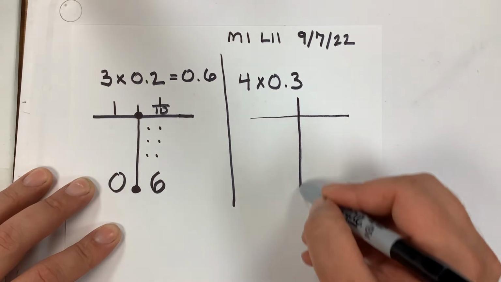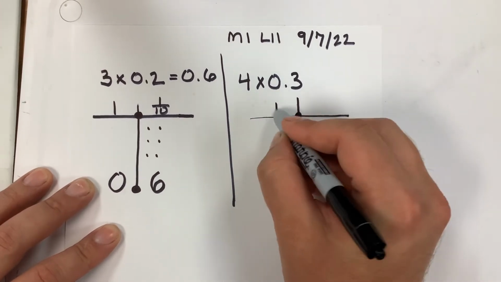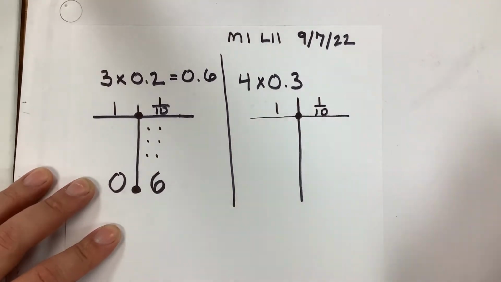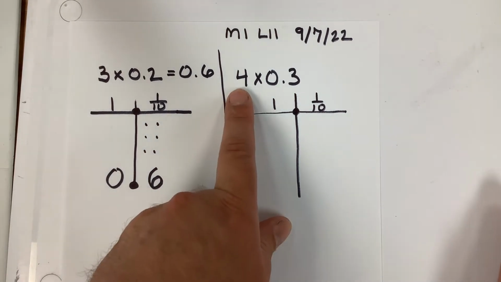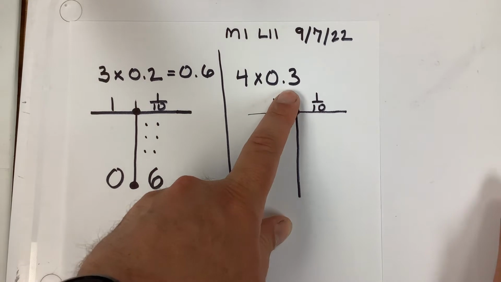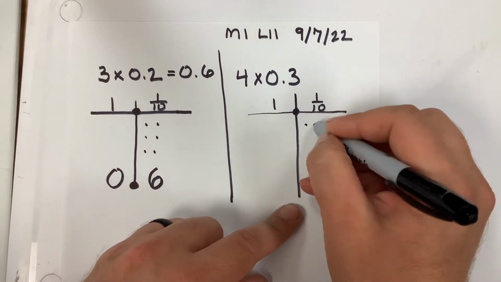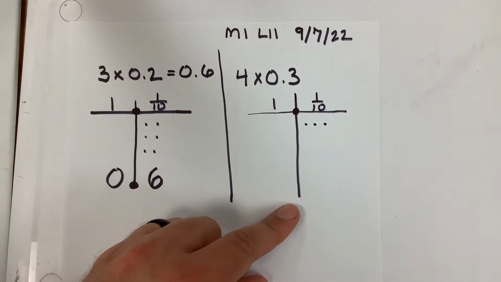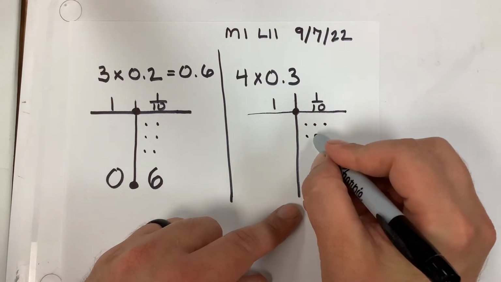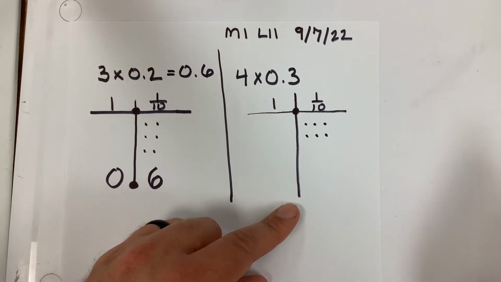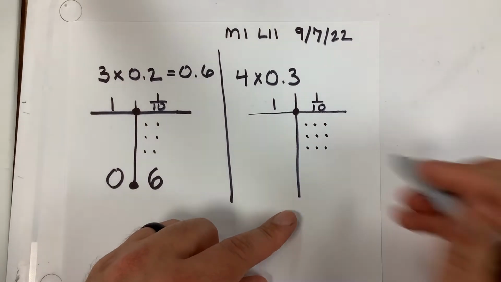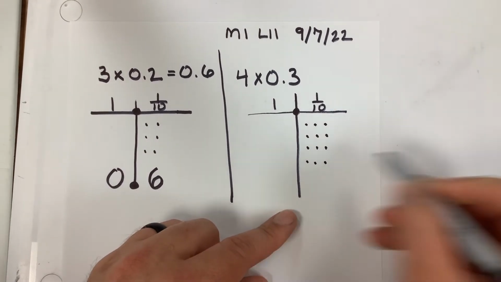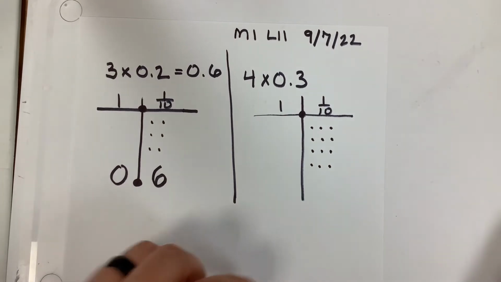So I make my place value chart, my ones, and my tenths. So now I'm looking at making 4 copies of 3/10. So here is 1 copy of 3/10, 2 copies of 3/10, 3 copies of 3/10, and 4 copies of 3/10.